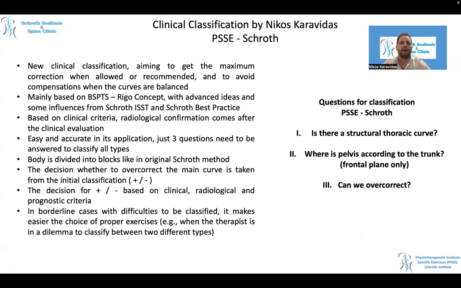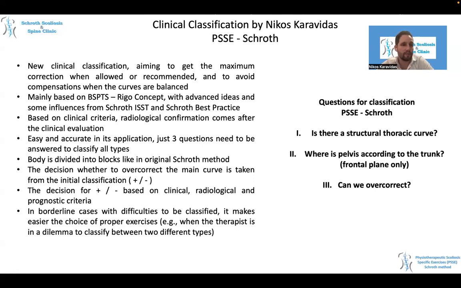So in our newly developed classification for the PSSE-Schroth method, what we aimed for was to get the maximum of correction when this is allowed or recommended, and to avoid compensation when we have balanced curves and this is not recommended. So we tried to, again, minimize the limitations coming from other schools.